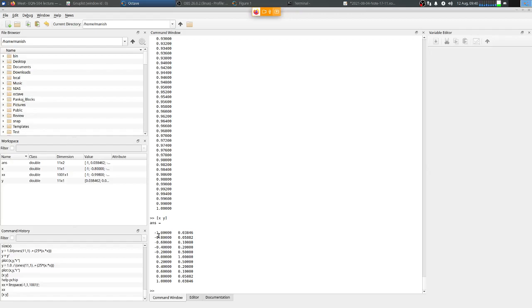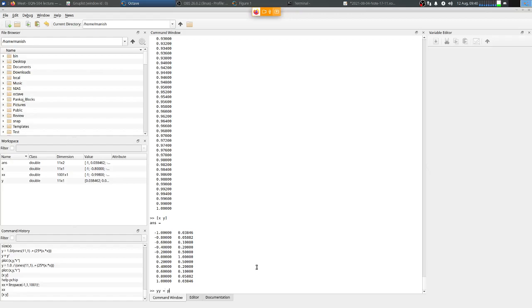So I will try to generate a piecewise cubic Hermite interpolation polynomial first between this interval, then for the second interval, then the third interval, and so on. At a time I will only use two data pairs, and having generated that, I will use it to sample at these points. Right. So let us see.